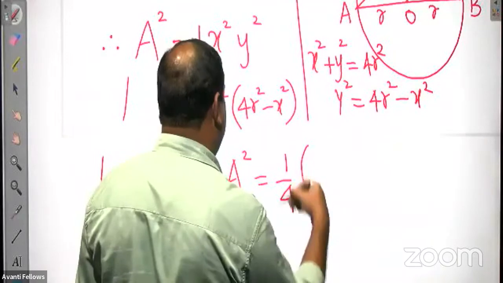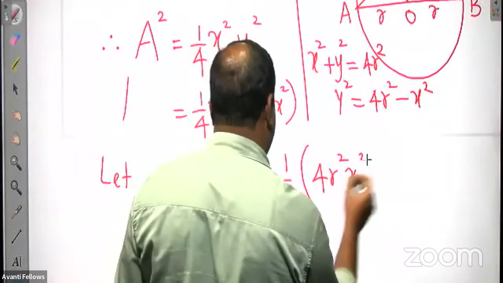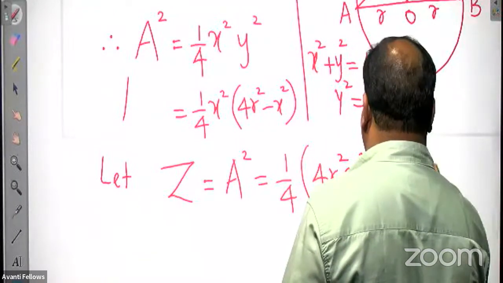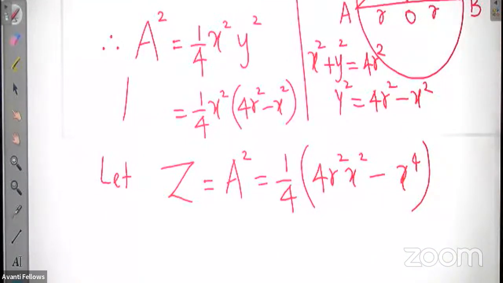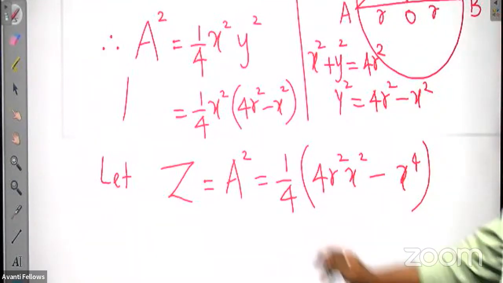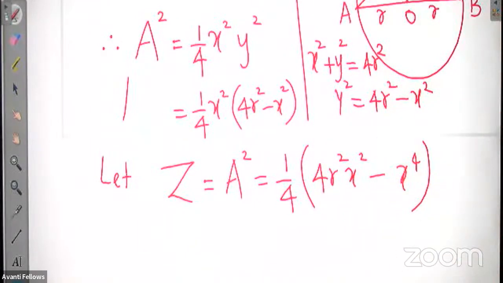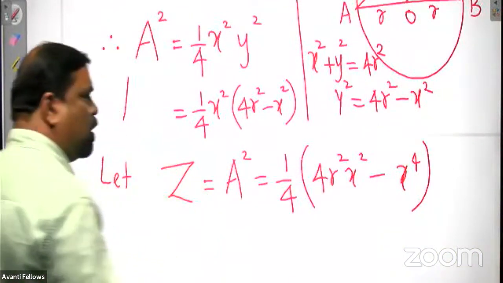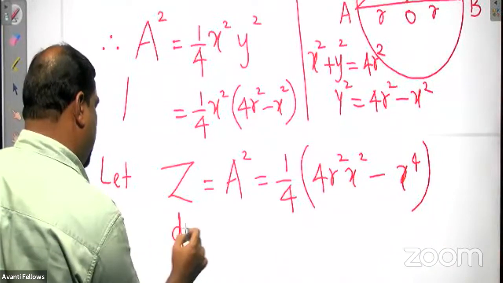If I want, I can take X square inside the bracket, so that we can easily differentiate without any product rule. If you apply the product rule also, it doesn't matter. That will not make any problem.